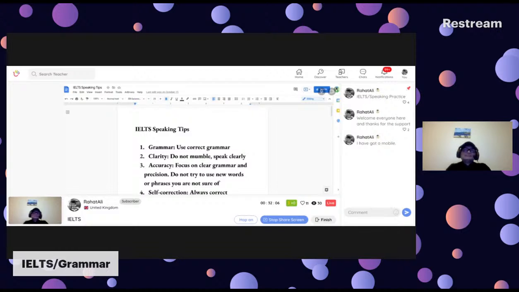Okay, without grammar there is no way you can make a correct sentence. There is no way you can write a clear, 100% accurate sentence. Even though it is applicable for speaking, in speaking we make mistakes, that's fine, and those mistakes may not be treated in such an important way, but it will really affect your score. It will have a negative impact on your score if you don't have good grammar in speaking.